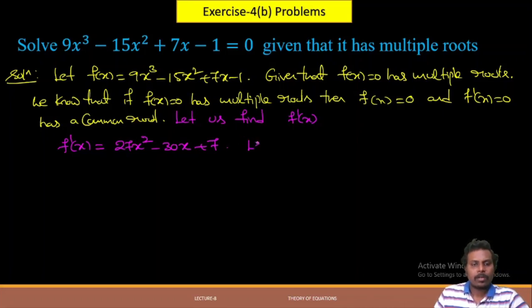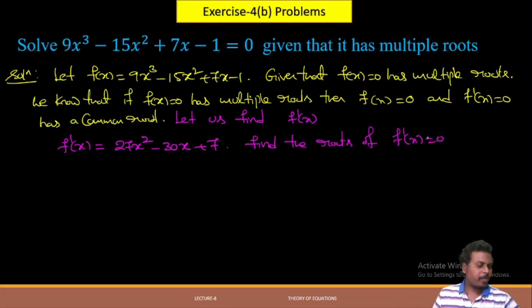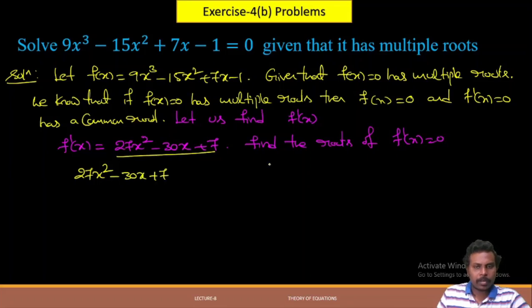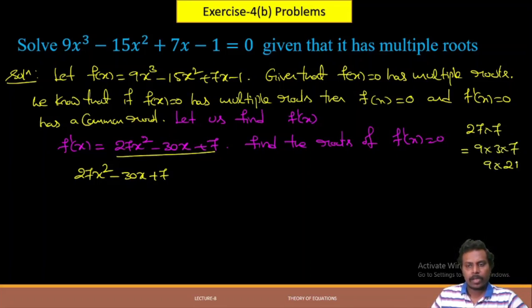Let us find the roots of f dash x is equal to 0. So let us factorize f dash x. It is 27x square minus 30x plus 7. This 27 into 7 can be written as 9 into 3 into 7, so this is 9 into 21. So this 30 can be written as 21 plus 9.